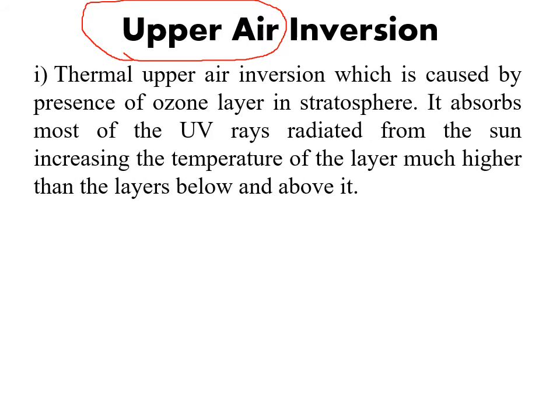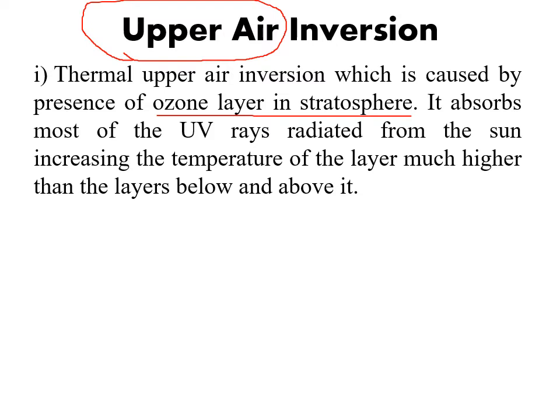Now the upper air inversion is mainly caused by the presence of the ozone layer in the stratosphere close to the stratopause. As we move up through the atmosphere, above the troposphere lies the stratosphere, and the proportion of ozone gas increases in the stratosphere, and at the maximum level of the stratosphere the concentration of ozone is maximum.